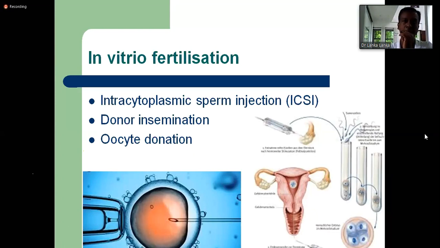ICSI is intracytoplasmic sperm injection, with a single sperm directly injected into the oocyte. Donor insemination is where we use a donor sample, that means donor oocyte donation. And if somebody is more than 40 years old, that will subsequently increase the pregnancy chance. That is in vitro fertilization.